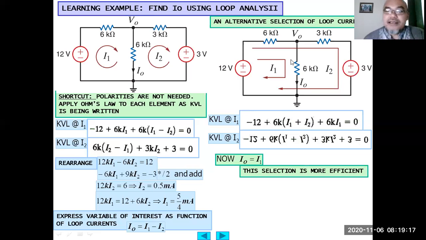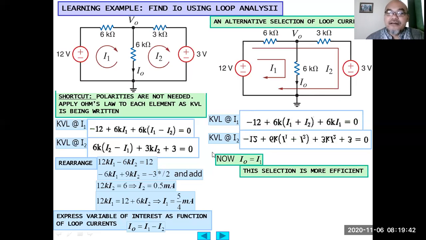Since in this case, the current I0 is the current flowing through the 6 kilo ohm branch in the middle, and the loop current that flows through that branch is only I1, if we use this method instead of the first method, then the output I0 will be equal to I1.